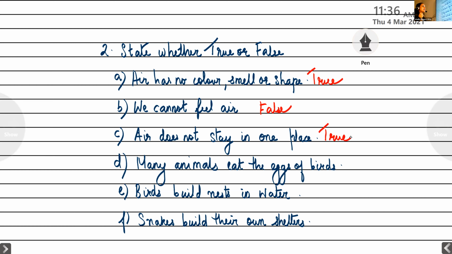Many animals eat the eggs of birds. True. Birds build nests in water. False. Snakes build their own shelters. False. Good.